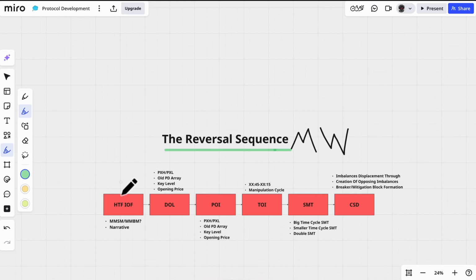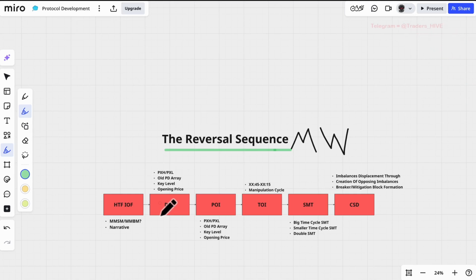When it comes to draw on liquidity selection, it's important to note that there are multiple draws on liquidity, but you move from the bigger draw on liquidity to the smaller draw on liquidity. Meaning once you have defined, for example, that the higher time frame institutional order flow is bullish, you're going to be looking for a draw on liquidity above market price for the upcoming month, if not weeks or days.